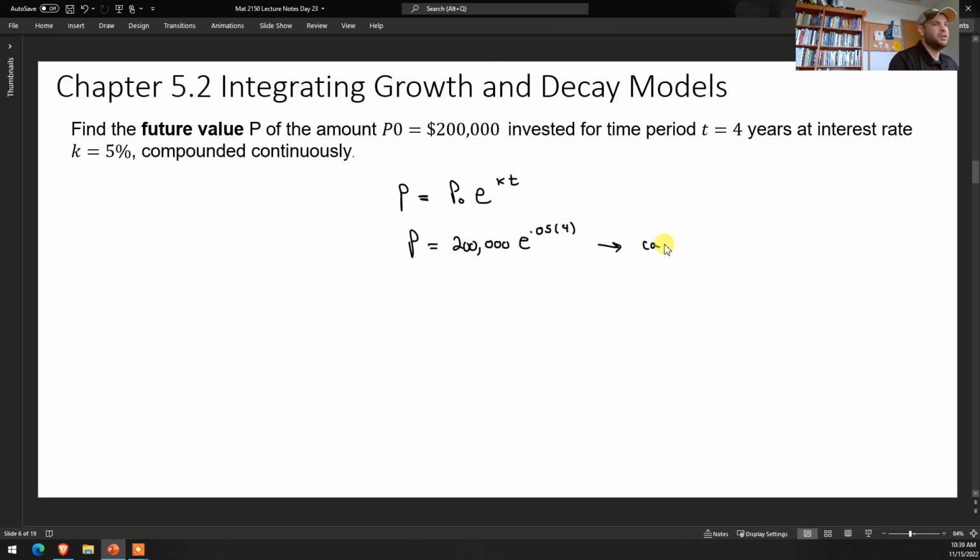Now, of course, you can plug this into your calculator, get a decimal, and round that to whatever value you need. Make sure you're careful when you do the rounding.